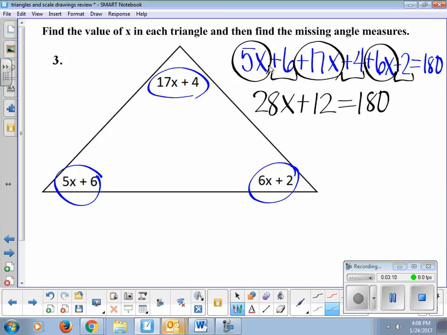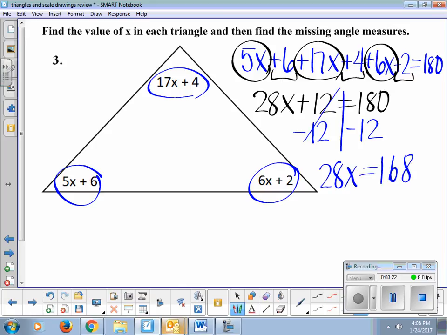When you have a two-step equation, you undo any addition or subtraction, so we're going to subtract 12 from both sides. 180 minus 12 is 168, and our last step is to divide both sides by 28, and we get that x equals 6.